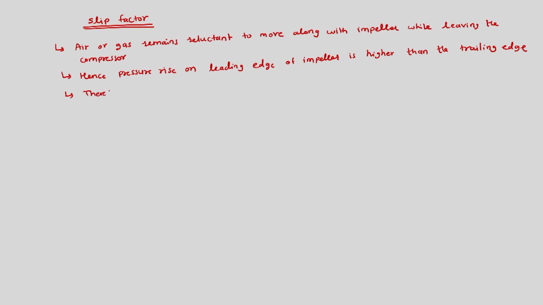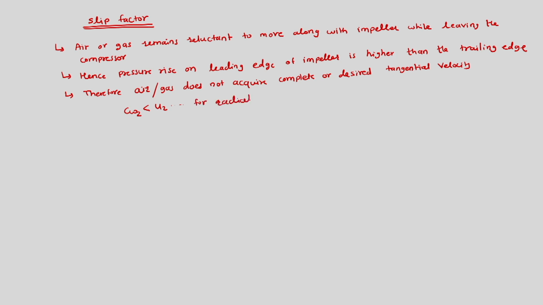Therefore, the air or gas does not acquire the complete or desired tangential velocity. So in practical sense, Cw2 is less than U2. This is true for radial vanes as well.